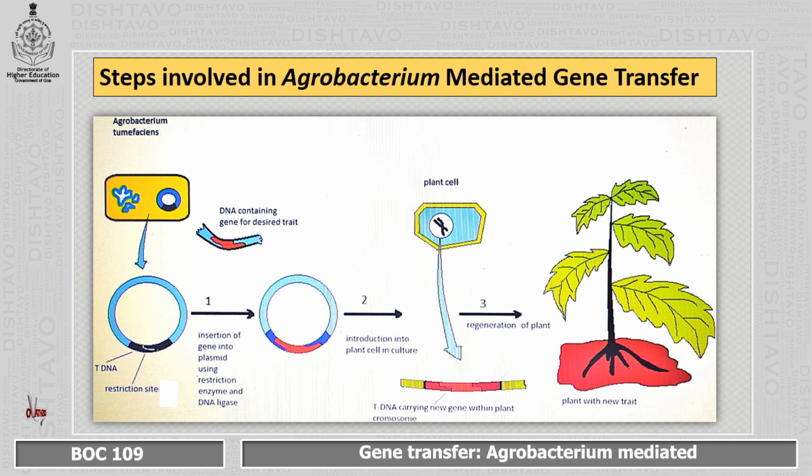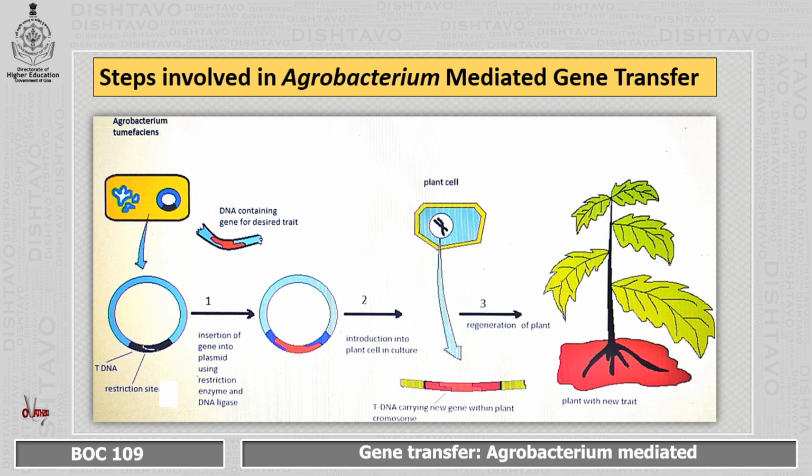This is maintained for some days so that Agrobacterium infects the cells, and once you have incubated it for a week, you will see that some of the cells are infected with the Agrobacterium. You identify the infected cells, and then you regenerate them on another medium so that they regenerate into the entire plant.